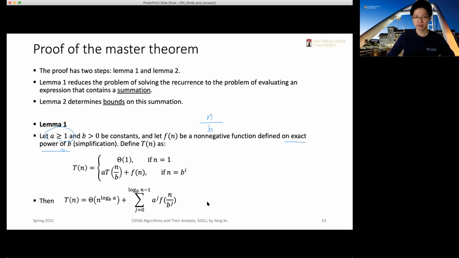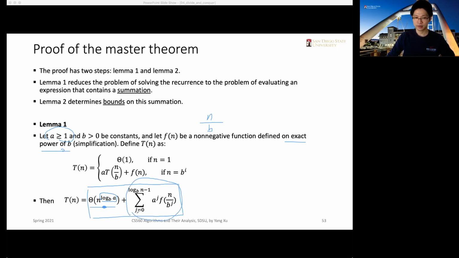Then Lemma 1 says that the solution can be expressed by this equation, okay? The first item is the quantity that we are familiar with, which is n to the power of logarithm base b of a. And the second is a summation term.